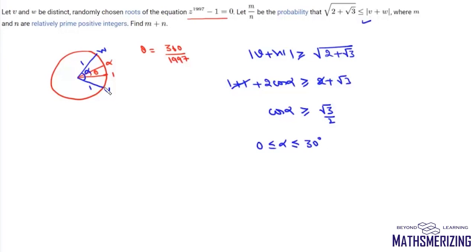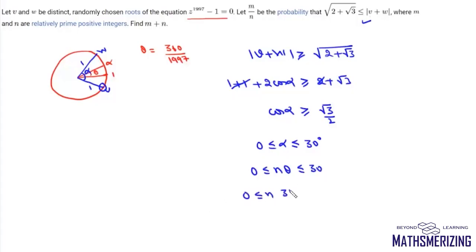Now suppose we choose any one root, then for this condition to be true, we have to choose the other root so that this angle is less than or equal to 30. Now we need to find how many choices we have for such cases. So it will be this 0, and then n times theta should always be less than or equal to 30. Now this is 0 and this is n.